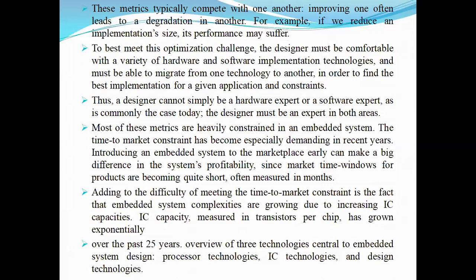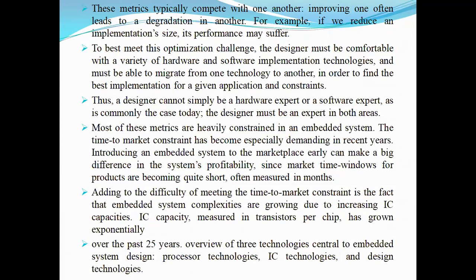These metrics typically compete with one another; improving one leads to degradation in another. To meet that optimization challenge, the designer must be comfortable with a variety of hardware and software implementations. For example, in industry, some may be experts in hardware, some may be experts in software.